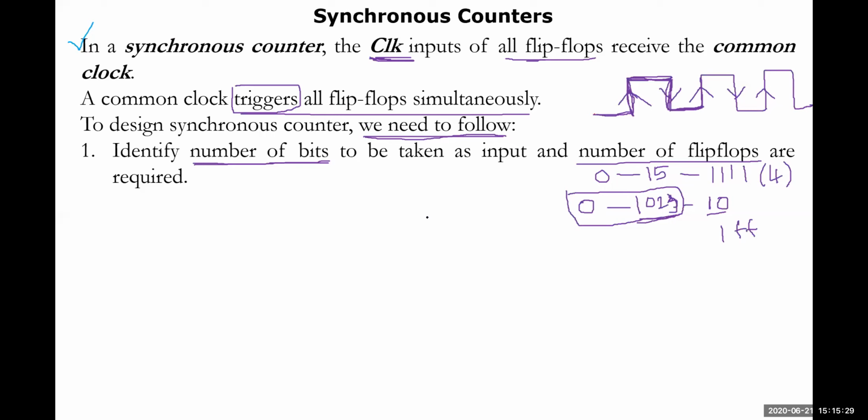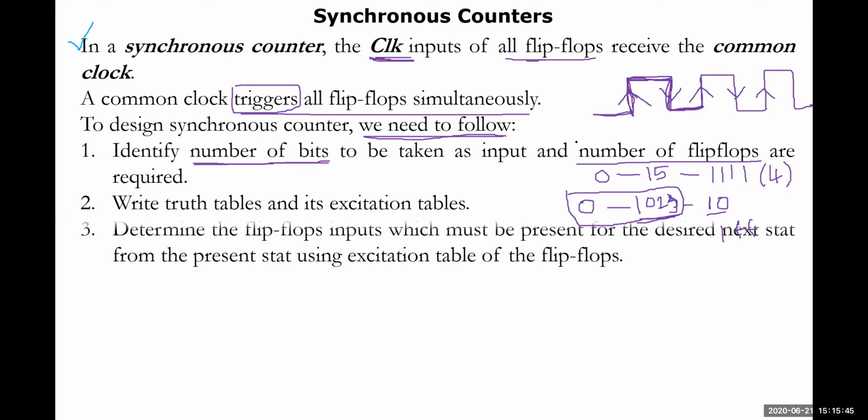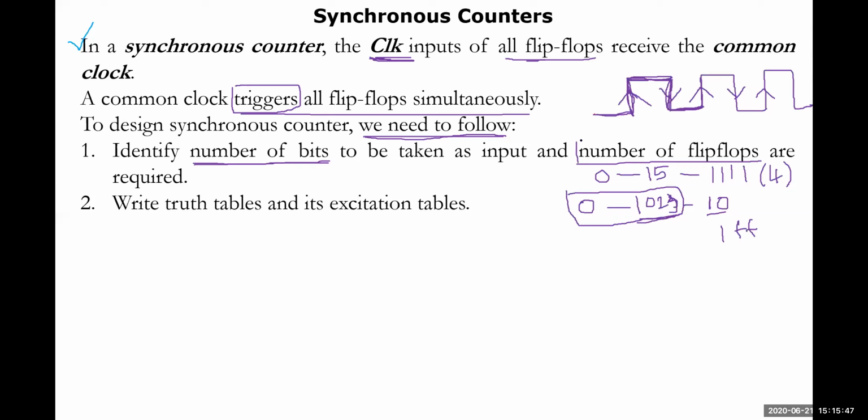And the second step, what is the second step here? After identifying how many bits are required, you have to write which flip-flop you are going to apply, so that particular flip-flop is also taken into consideration.